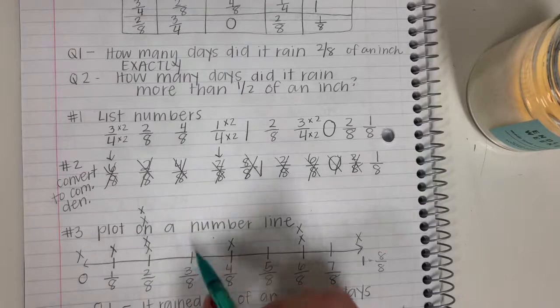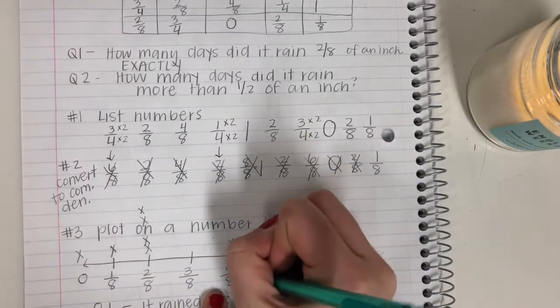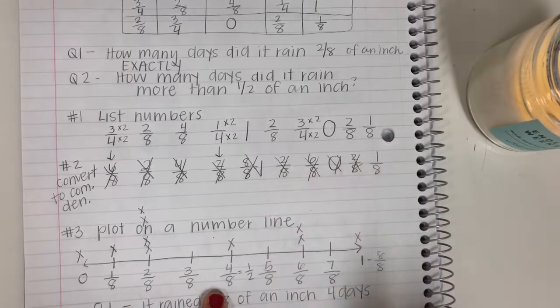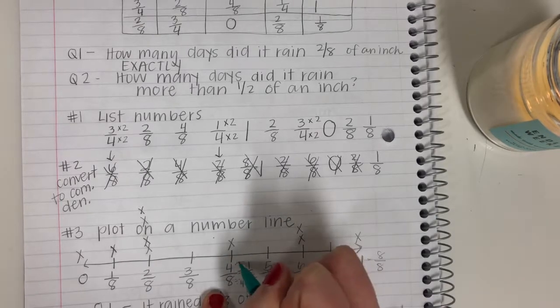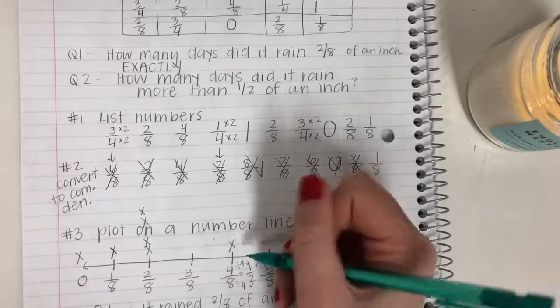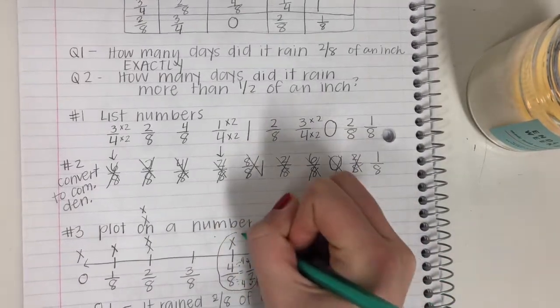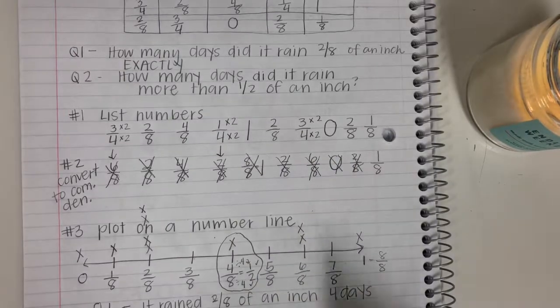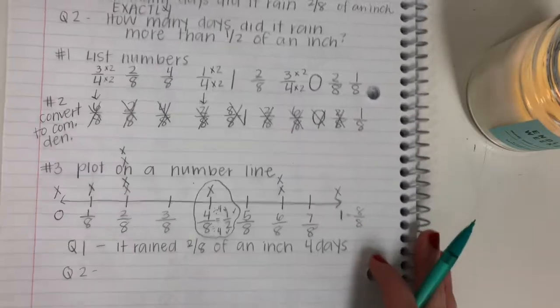Because we have 1, 2, 3 on this side, 1, 2, 3 on this side. So let's look. Can this be converted to 1/2? Well, 8 divided by 4 gives us 2. Does 4 divided by 4 give me 1? Yeah. So the half is right here. So this is my halfway point. 4/8 is half of 8/8, which makes sense, right? 4 plus 4 is going to give me 8.